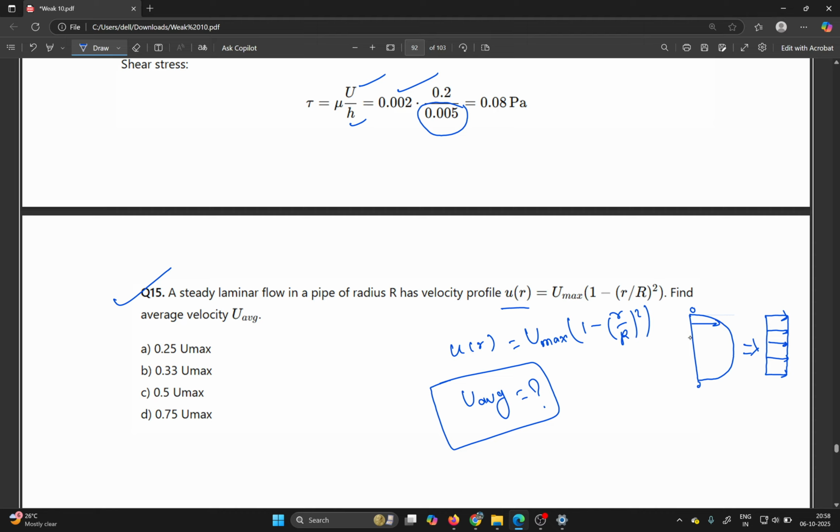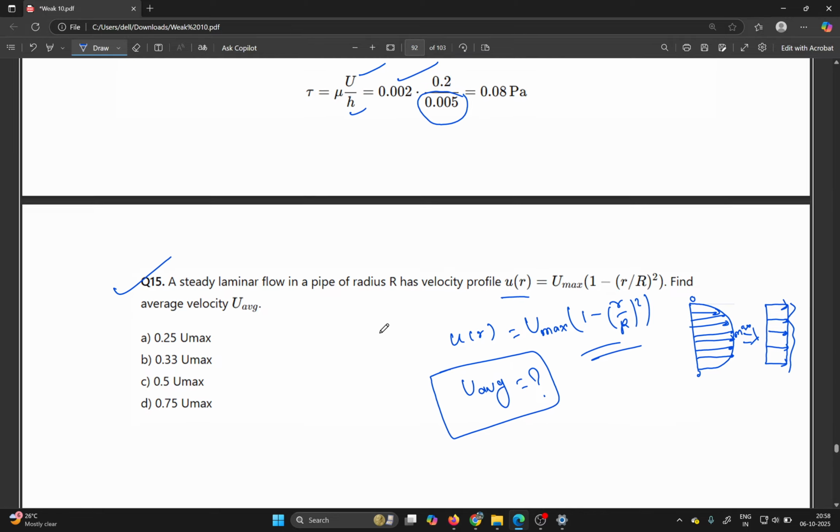Averaging means that in place of 0, you put values equal to the maximum value. But here everywhere is the same value. How will you average this equation? So just think on that.